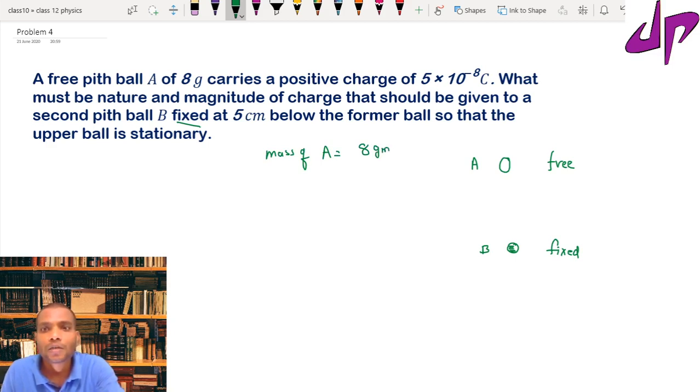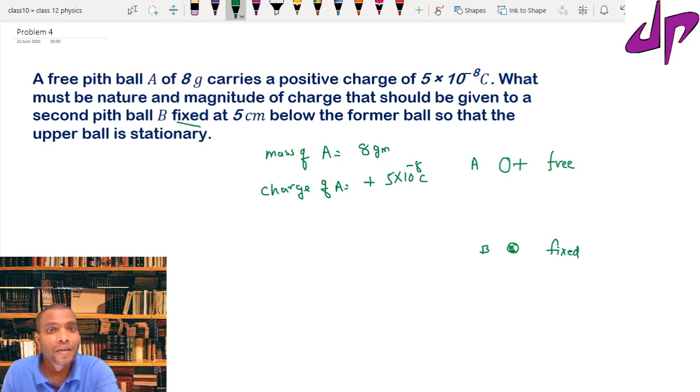And this has a positive charge. Charge of A equal to positive 5 times 10 power minus 8 coulombs.